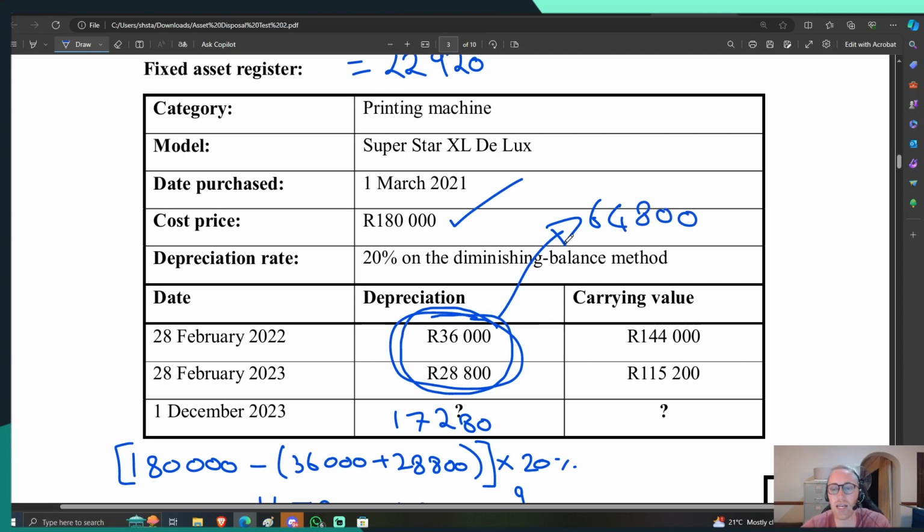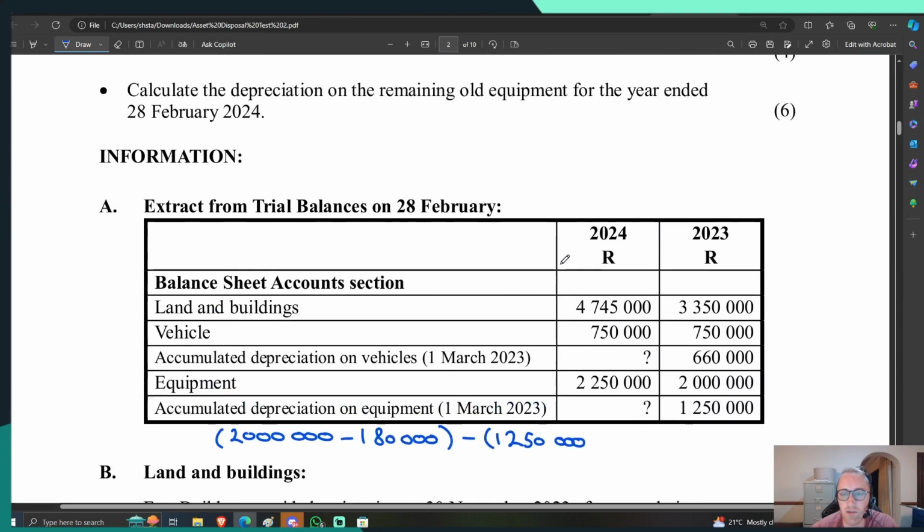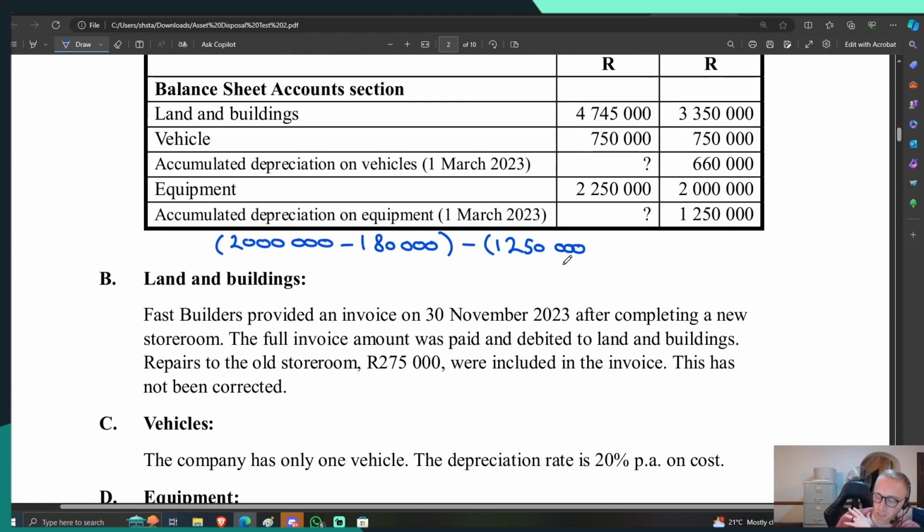So we're going to take that out of the accumulated depreciation that we're using to depreciate the other old equipment. So 64,800. We take our 1,250,000 of accumulated depreciation, and we remove 64,800 of accumulated depreciation that belonged to this disposed of asset over here.